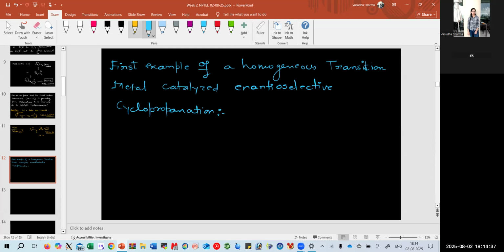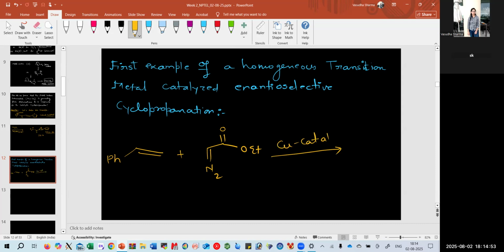So if I'm taking a phenyl olefin with a diazo ester, now this would make a new carbene with a metal center and a copper catalyst. That's why I mentioned a transition metal based system. Now what we expect at this particular olefin is that a cyclopropane group will be formed.